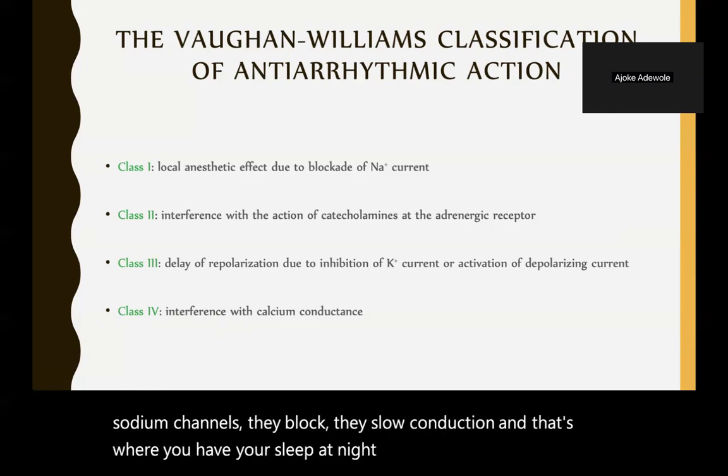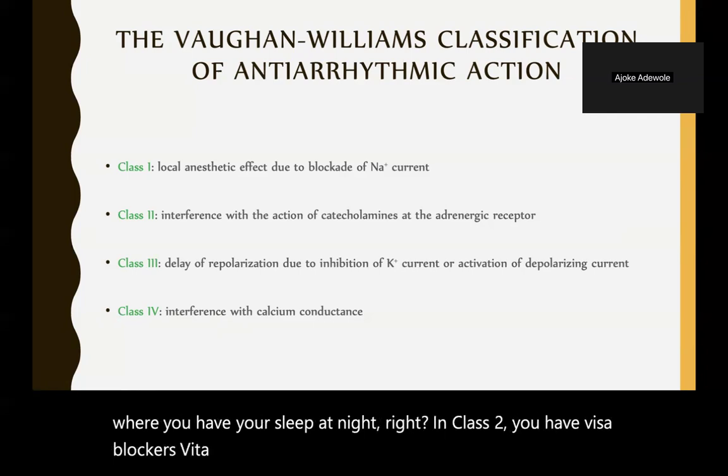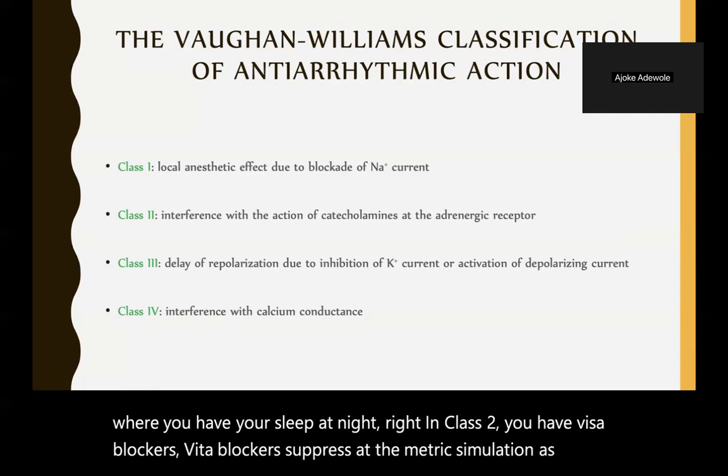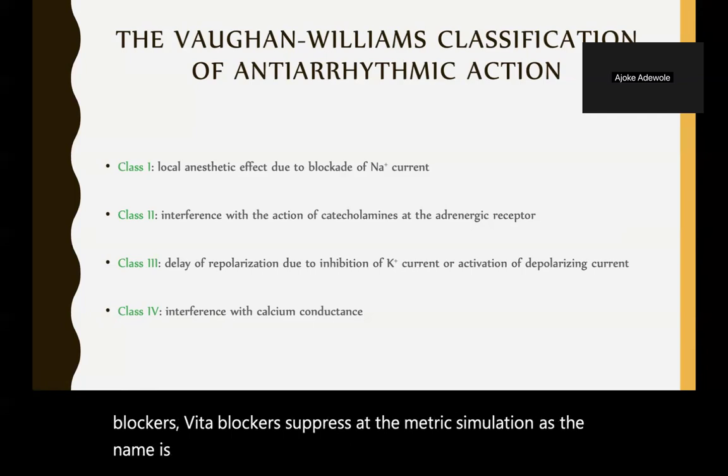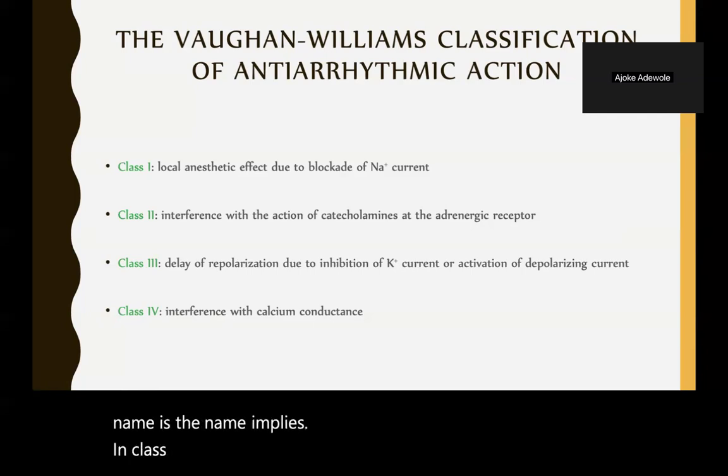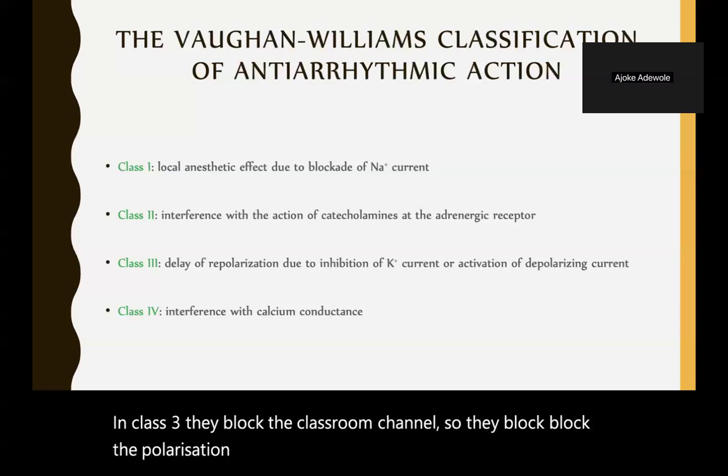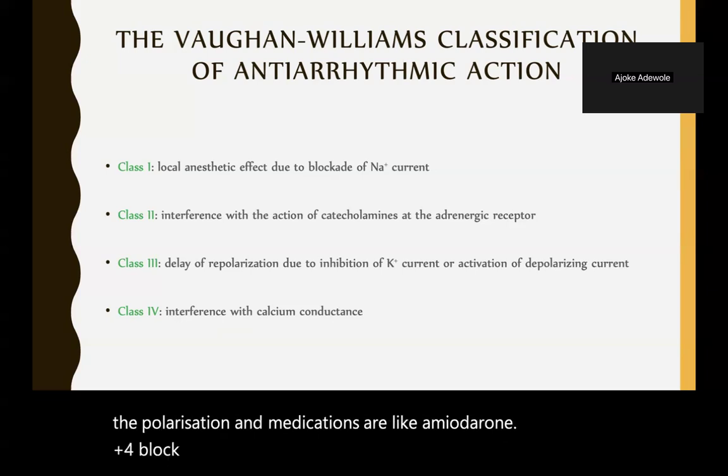In class two, you have beta blockers. Beta blockers suppress adrenergic stimulation, as the name implies. In class three, they block potassium channels. So they block repolarization, and medications here are like amiodarone. Class four blocks calcium channels, especially in the atrioventricular node, and that's where you have your verapamil.